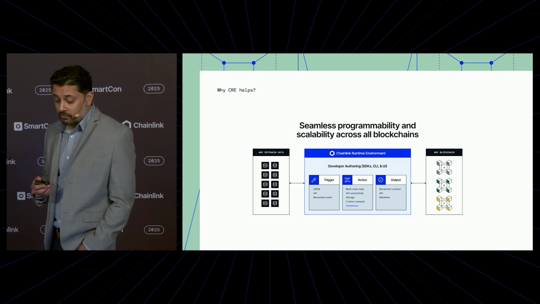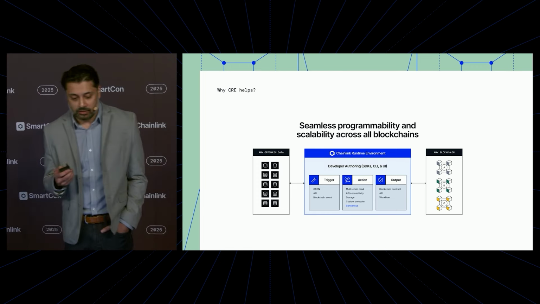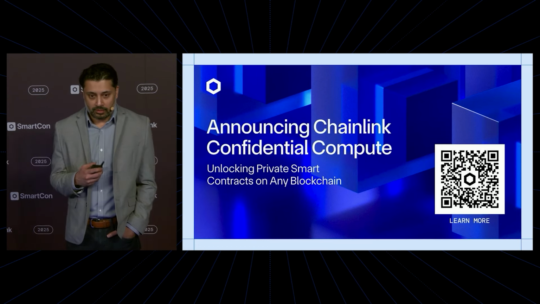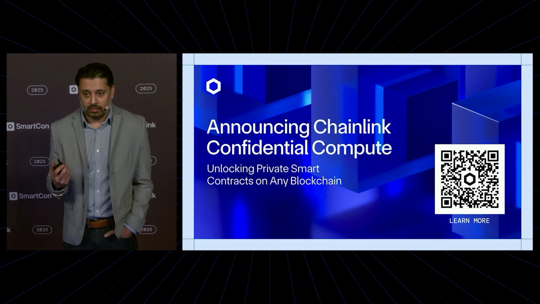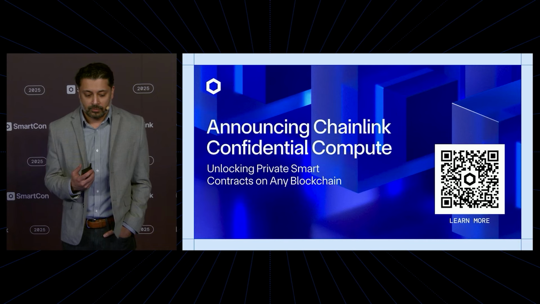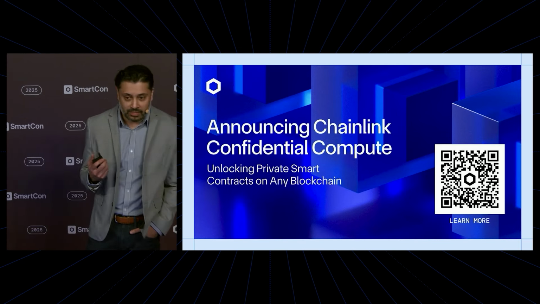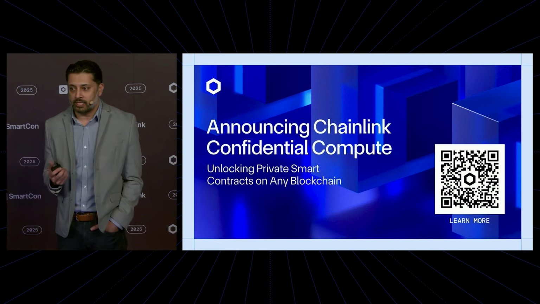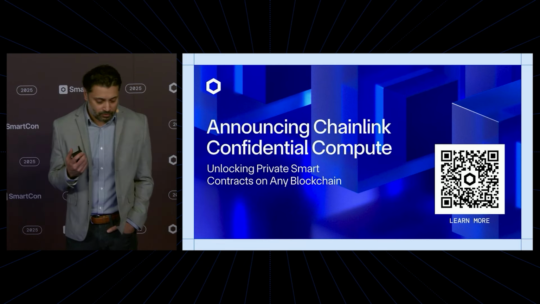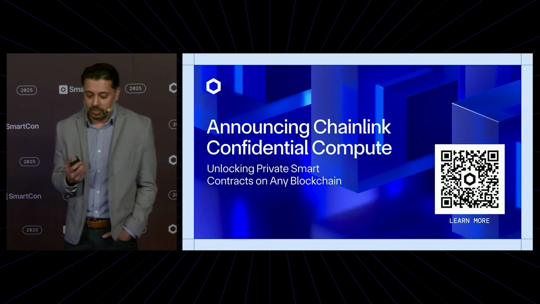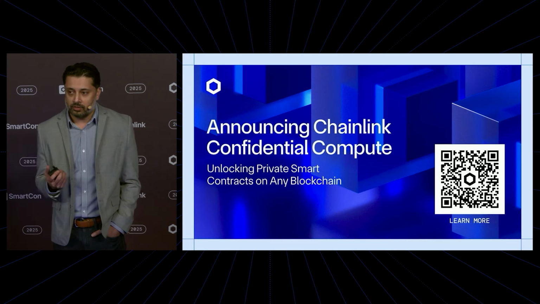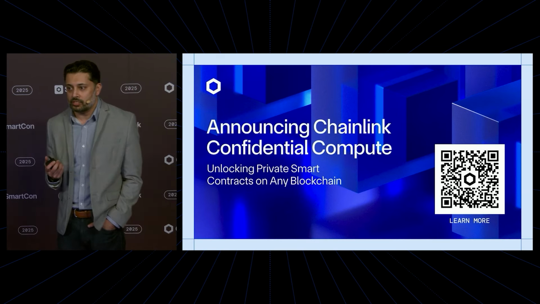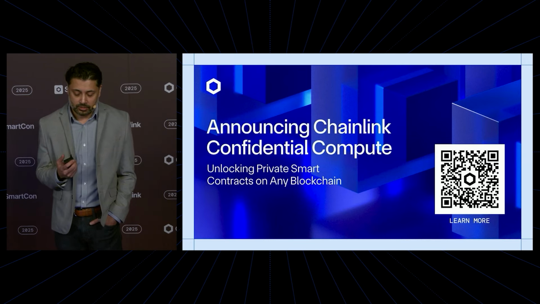We provide a variety of different capabilities. And one of the newest capabilities that we announced yesterday is the Chainlink Confidential Compute. This unlocks privacy for institutions. Why is privacy important? Well, privacy isn't just a core fundamental requirement. It's an expectation. The firms that are going to come on chain need to make sure that they can protect their client data, they can protect their trading strategies, they can protect their business logic.